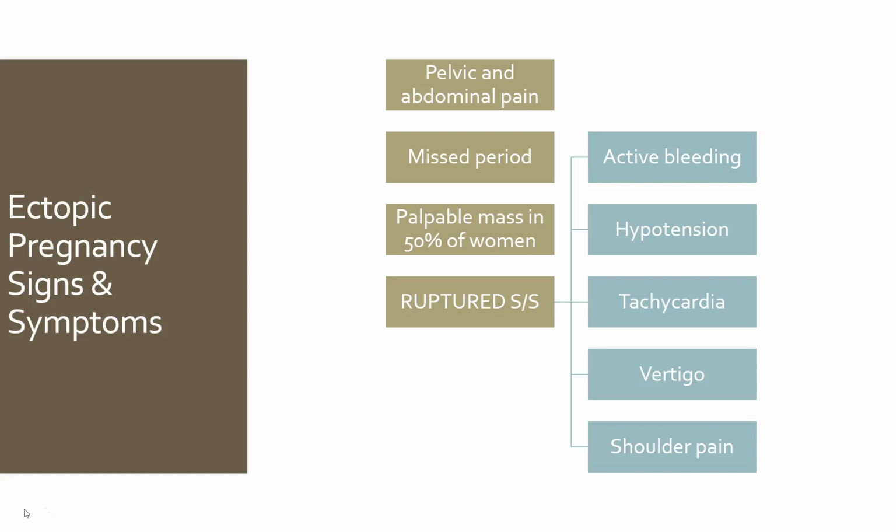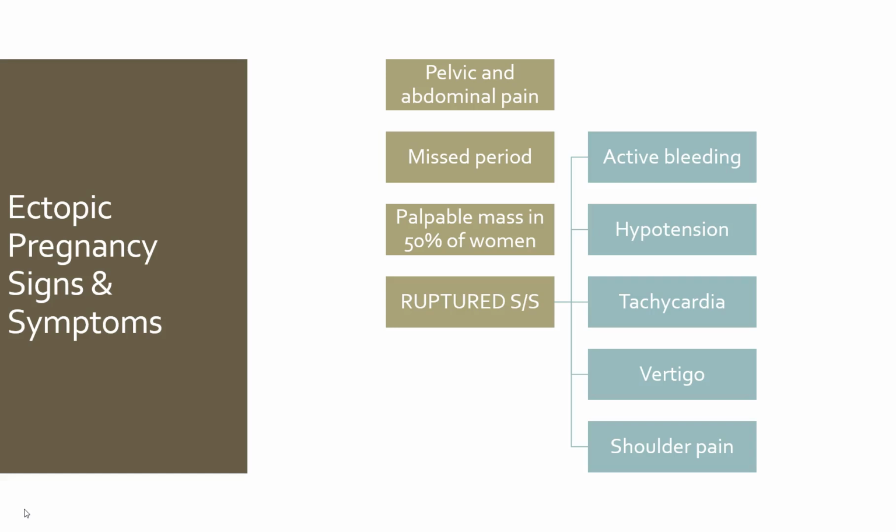Okay, so some signs and symptoms of an ectopic pregnancy. Pelvic and abdominal pain is pretty classic. The pain can be unilateral, bilateral, or diffuse. They may have a palpable mass on a bimanual exam, where they're doing the pelvic and also palpating by the umbilicus as well.